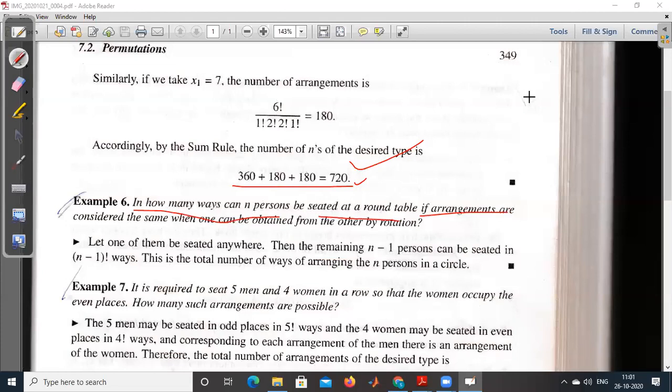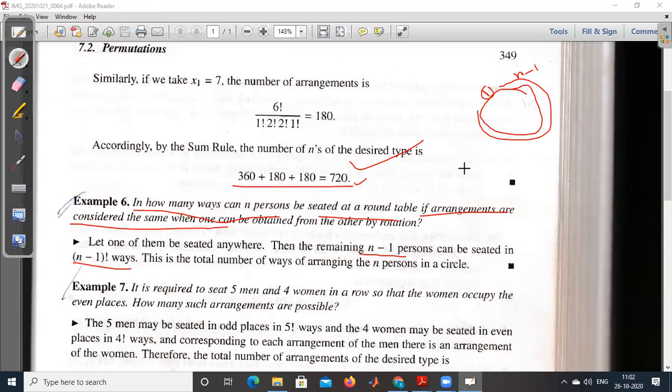See, the first person can sit at any place. Then the remaining n minus 1 persons can be seated in the remaining n minus 1 places. So the total number of ways of arranging n persons in a circle is n minus 1 factorial.